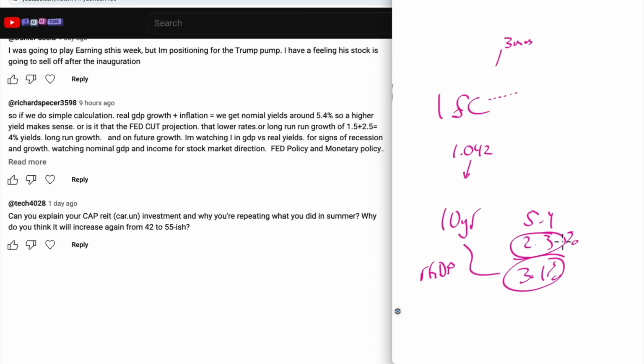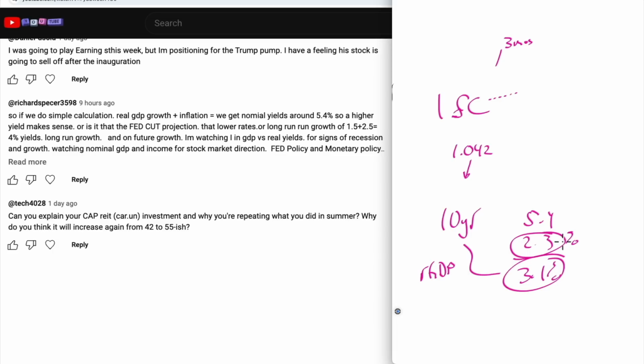Or is it that the Fed cut projection? I don't understand that point. Lower rates or long-run growth of 1.5 plus 2.5 is 4% yields, long-run growth, and on future growth. I don't know how to read this.